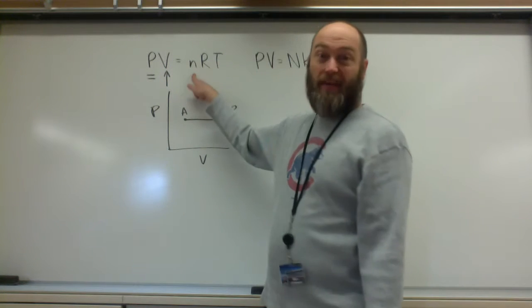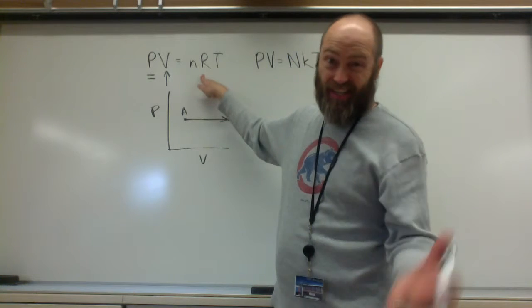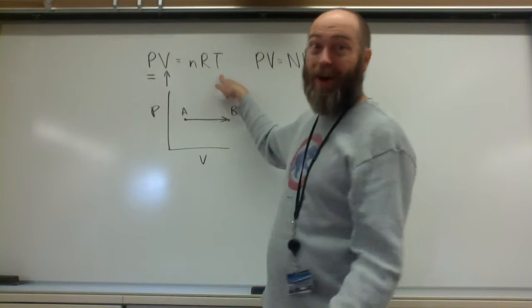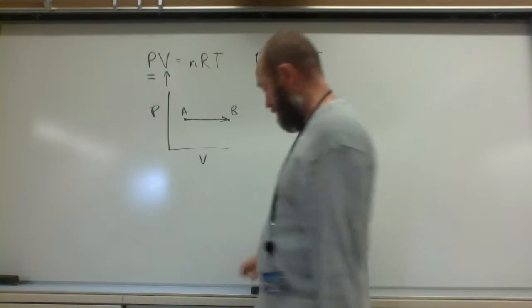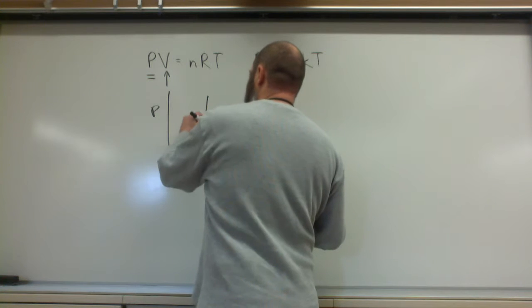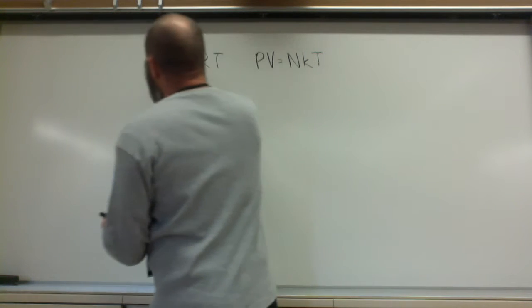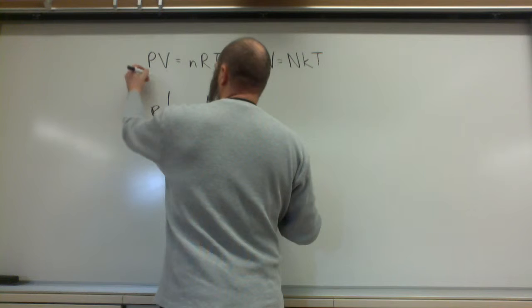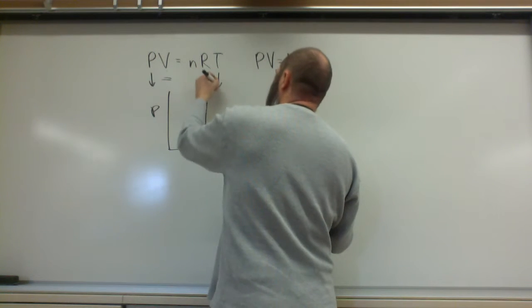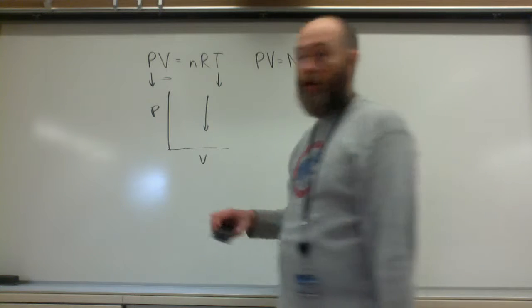Well, assuming I have the same number of moles and R is a constant, so that's the same. Well, that means if this is the same and that goes up, that has to go up. Stuff like that. If I had something where it was like this, in this case, pressure goes down, volume is the same. Oh, that means my temperature had to go down.